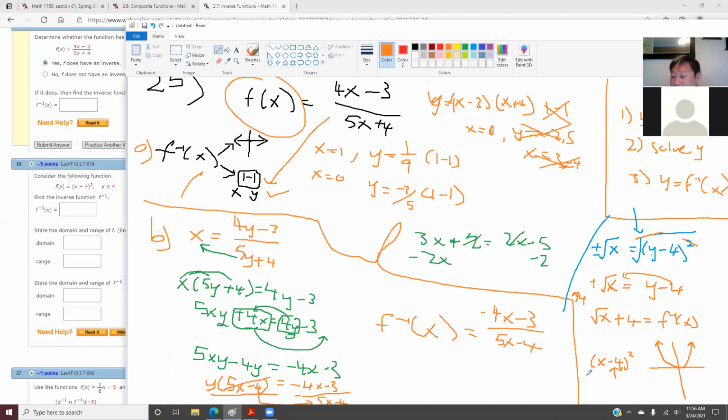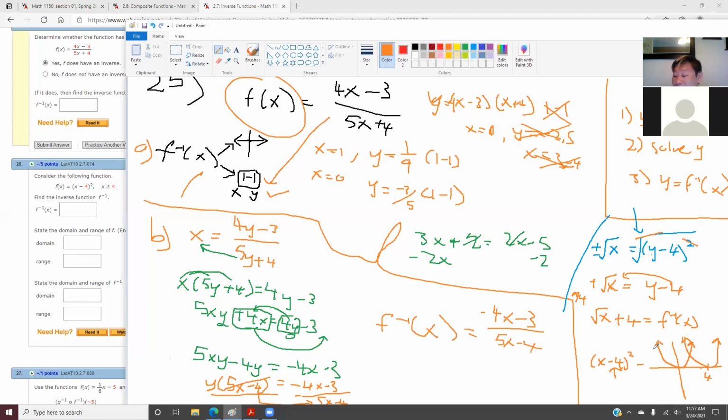Left, right, up, down. What is it? Down? Don't forget, down means it's like this. Oh, then right. So this is right 4. That means you take this whole thing and move to the right 4. So it goes like this.